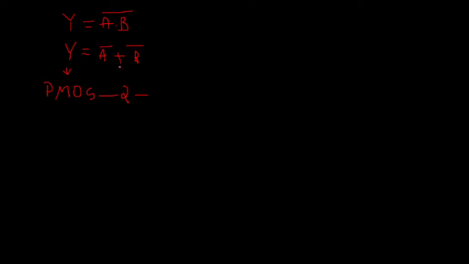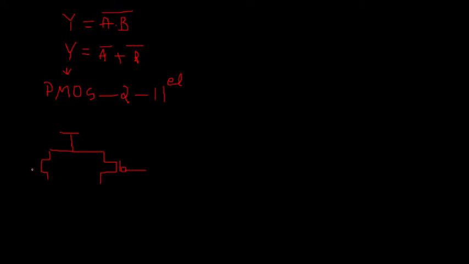Through the plus sign. Plus means OR, which means parallel. So for this we will need two PMOS connected in parallel. And PMOS transistors are always connected to VDD because they are part of the pull up network. We cannot connect them to ground. They should be connected to VDD.